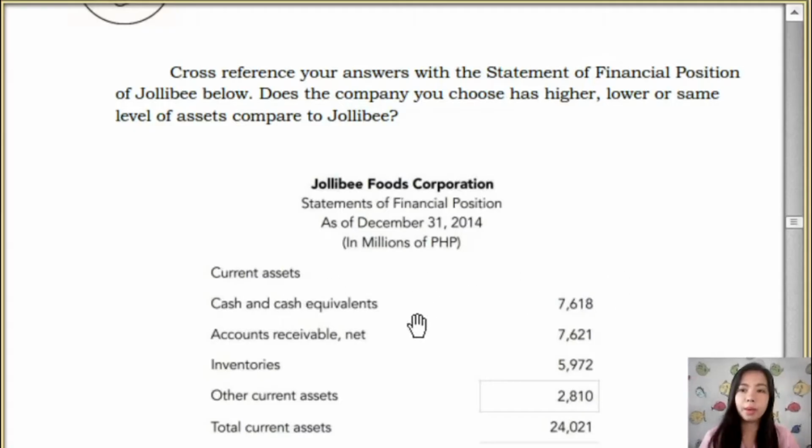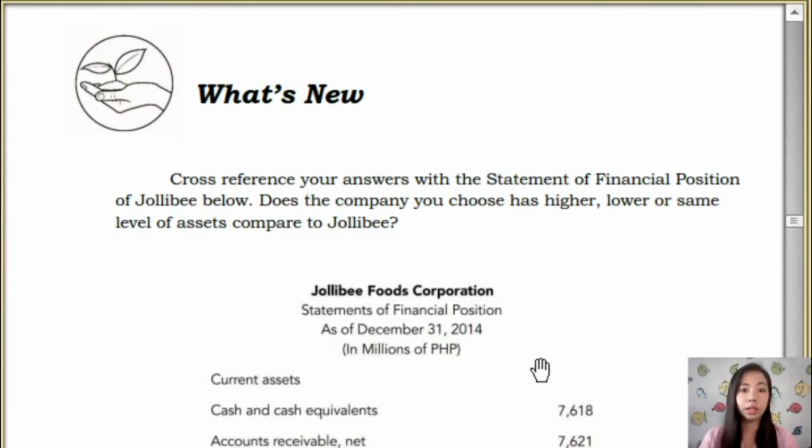So, if may amount, you can answer this question. Does the company choose as a higher, lower, or same level of assets? If walang amount, okay lang din naman. So, kung na-list nyo tong mga to at parehas din doon sa company na napili ninyo, okay lang din. Mag-justify na lang kayo sa baba. So, para madali ang ating discussions or ang inyong paggawa ng mga activities.